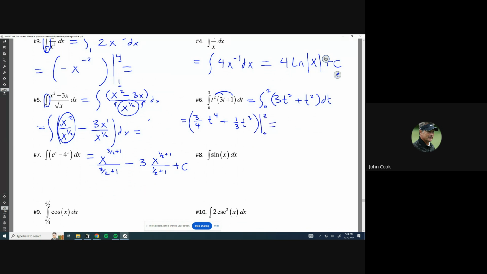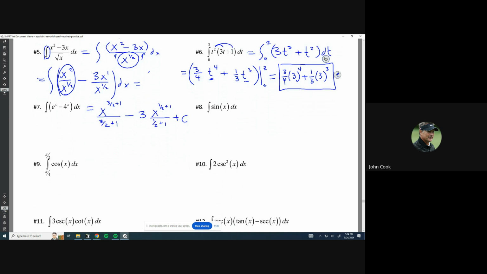First I'm going to plug in 3 for my t values. So I get 3/4 times 3 to the 4th plus 1/3 times 3 to the 3rd. And then I'm going to plug in 0. But when I plug in 0 for my t's, they just go to 0. So basically this is minus 0, so I'm not even going to include it. That's my answer right there. That's my definite integral. Okay, a couple more for this page, and then we'll be done.